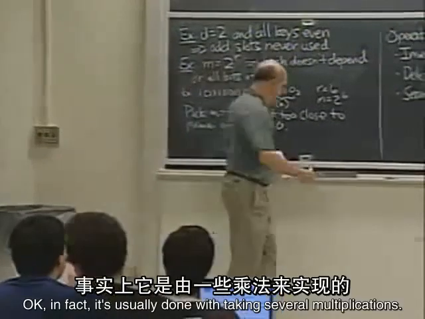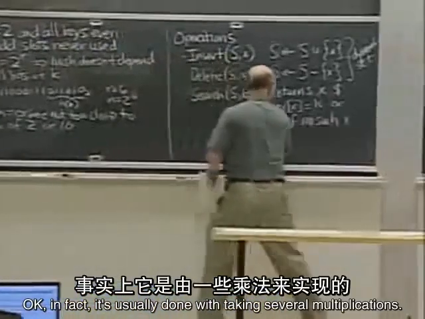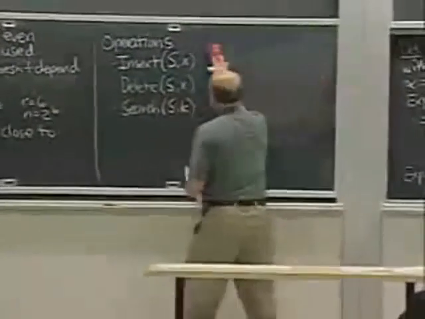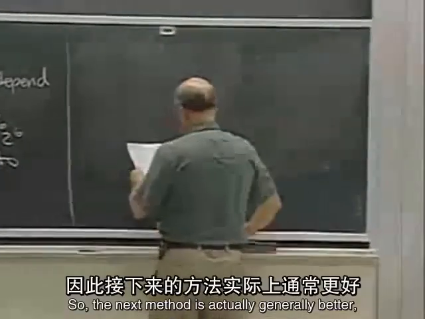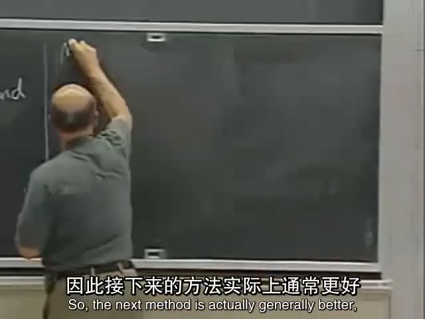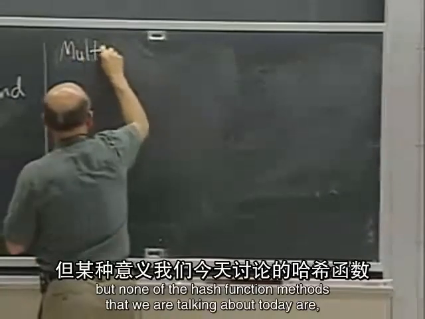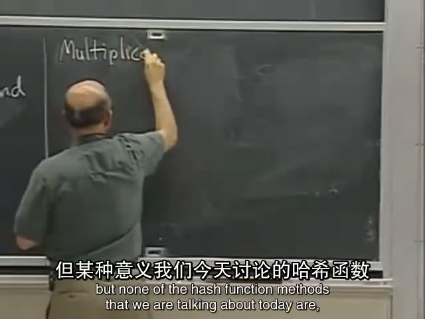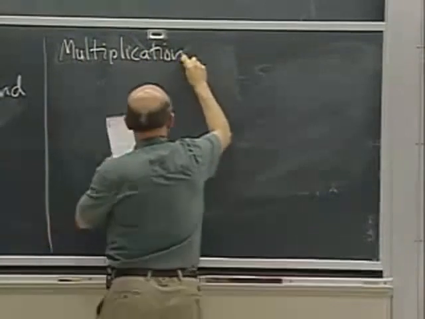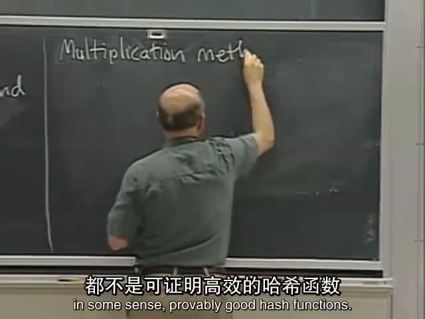In fact, it's usually done with several multiplications. So the next method is actually generally better, but none of the hash function methods that we're talking about today are in some sense provably good hash functions.